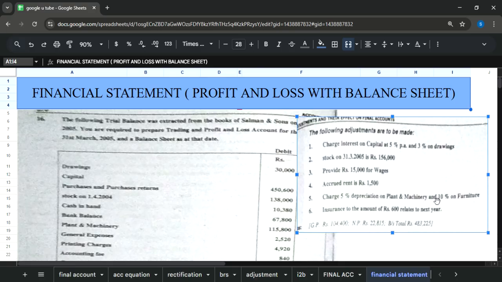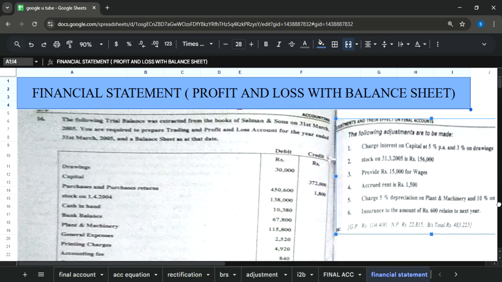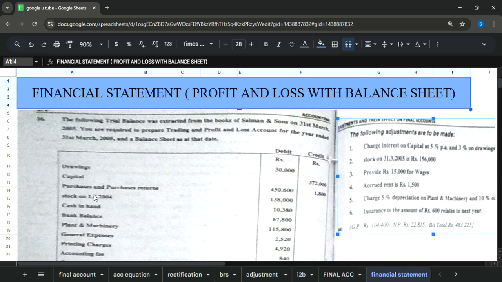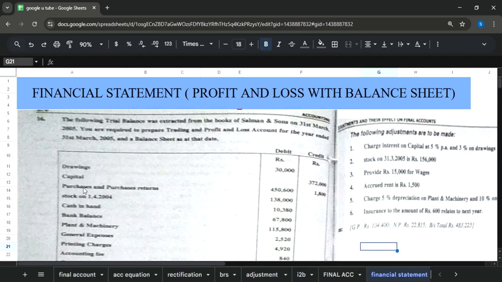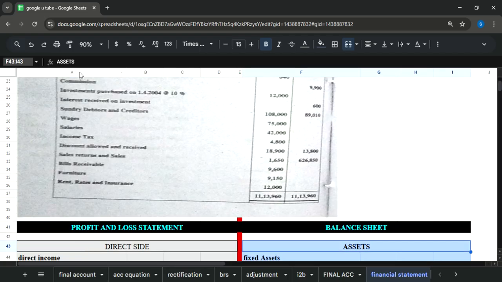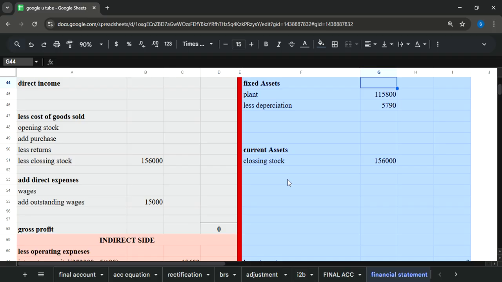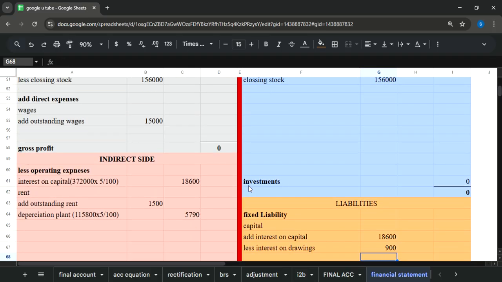So for that purpose we need to have our furniture, and we'll have to search where furniture is. We cannot see furniture over here. We'll go to the downward side and we'll see where furniture is. Okay, second last line, 9150. Remember it, 9150, and you will calculate.